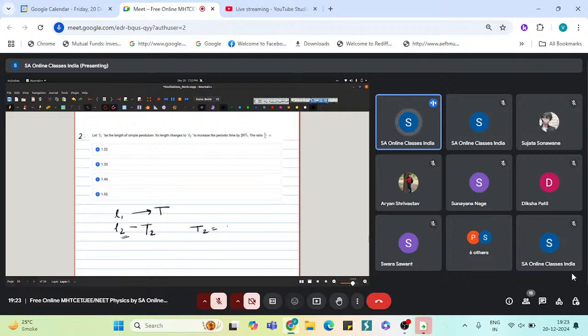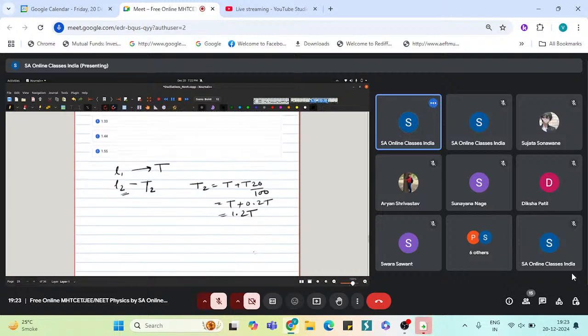T2 is equal to T plus T into 20 by 100, and this is going to be T plus 0.2T, which is just 1.2T, right?